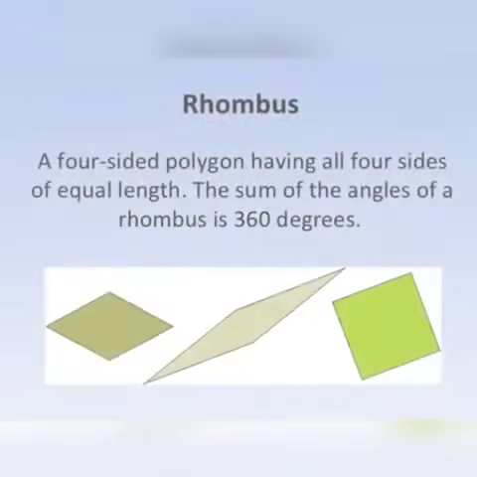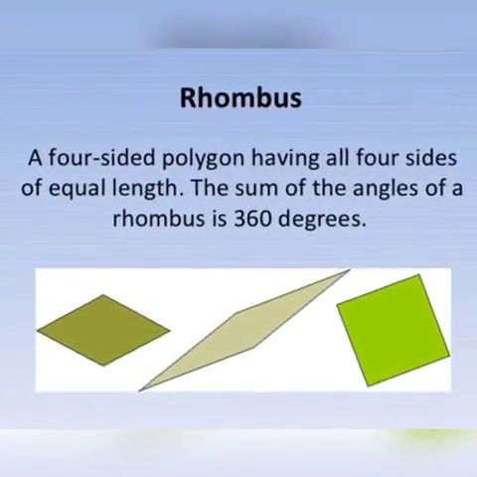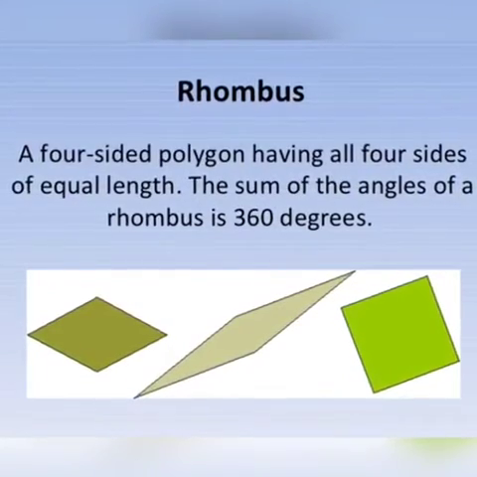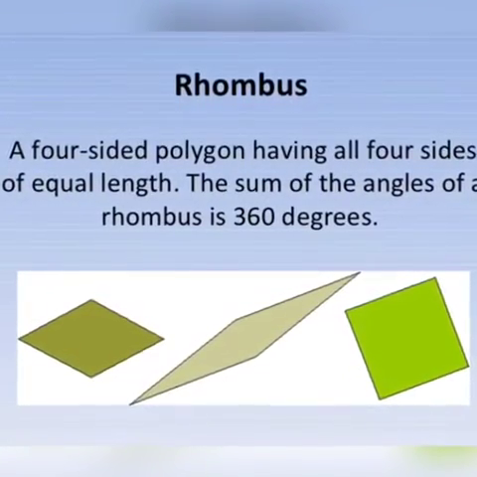The sum of the angles of a rhombus is 360 degrees. Here is another four-sided polygon, which is called trapezoid, having exactly one pair of parallel sides. The two sides that are parallel are called the bases of the trapezoid. The sum of the angles of a trapezoid is 360 degrees.